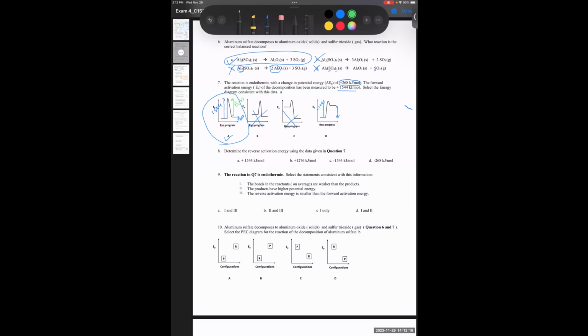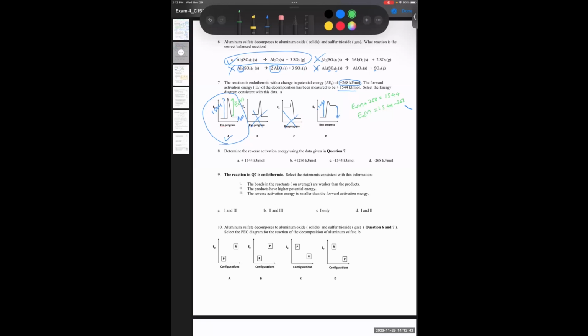You see that when you add Ea reverse to 268 kilojoules per mole, I'm not going to write the units for the moment because all of them are kilojoules per mole in our options, this must be 1544 minus 268.